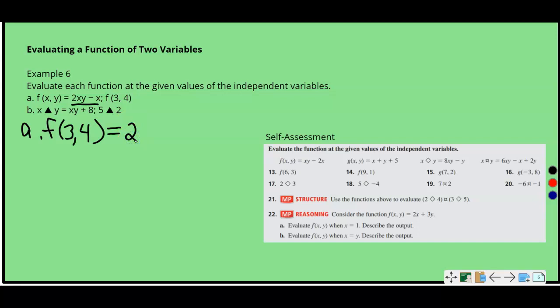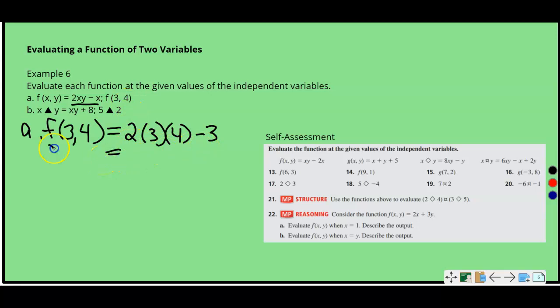So we're going to do 2 times x is 3, y is 4, and then minus x. So it tells us to take 2, multiply it by x and y, and then subtract x. And it gives us x and y, the variables here, and we simply substitute those in and then simplify.